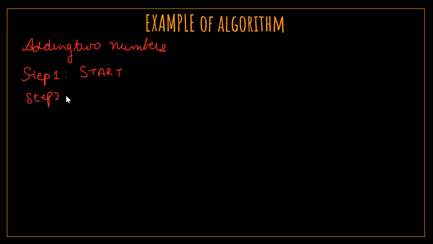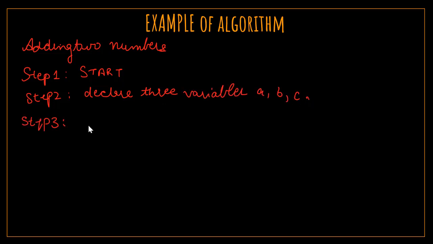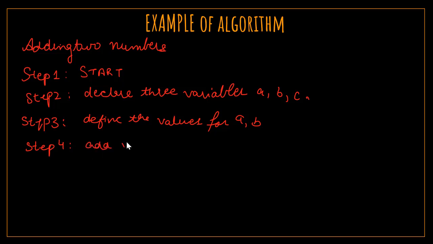Step 2. We will declare three variables A, B, and C. Step 3. We will define the values for two numbers. Step 4. We will add the values of A and B. Step 5.